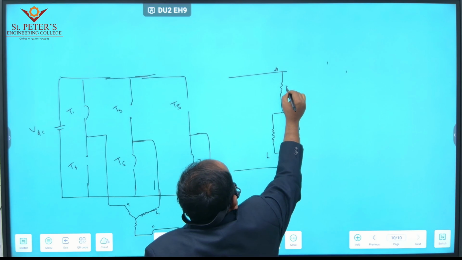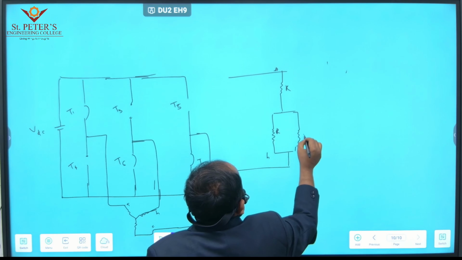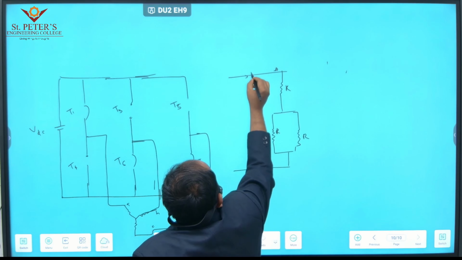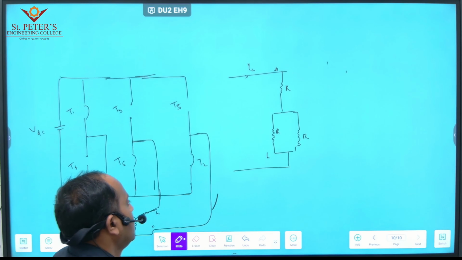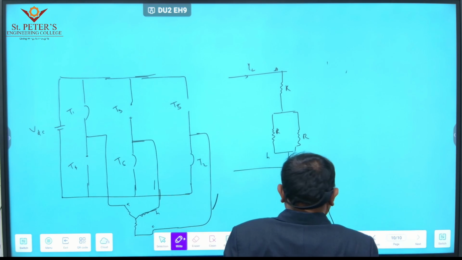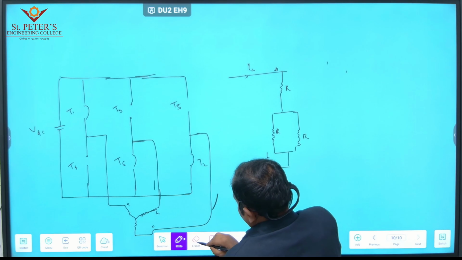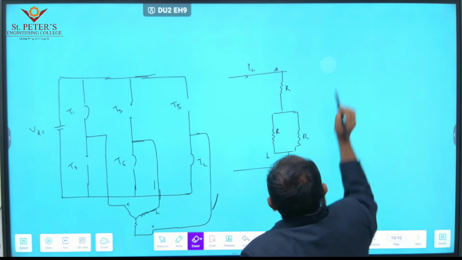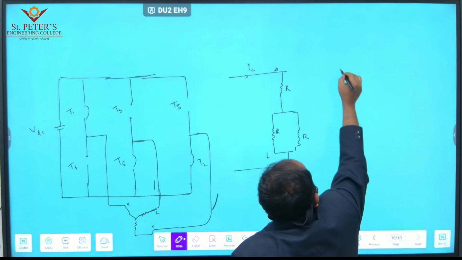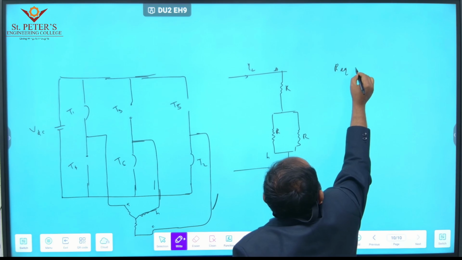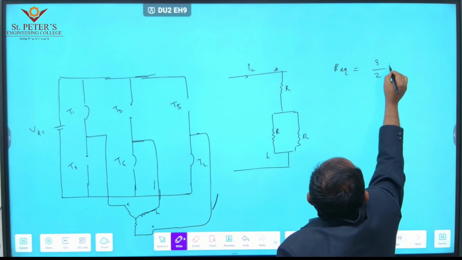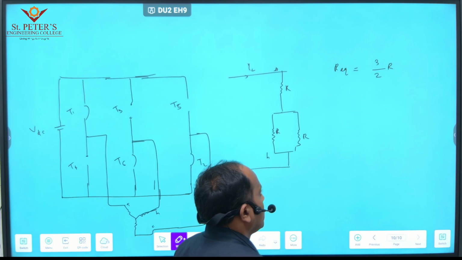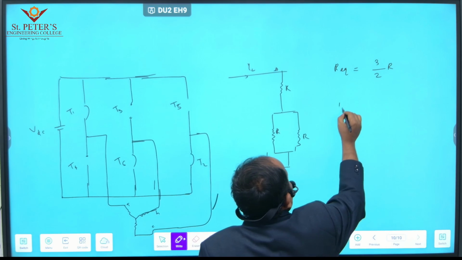Then all impedances are equal, R, R, R. Now again you can find out currents. So in this operation also we can get the equivalent resistance, same value, that is 3 by 2 into R. Then what is I2 now?